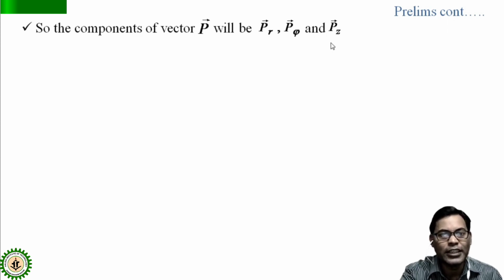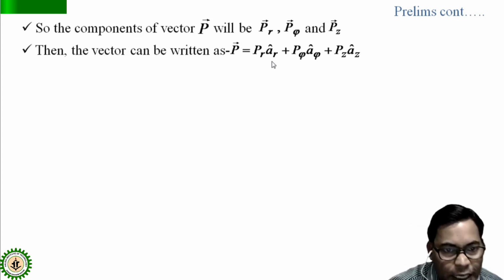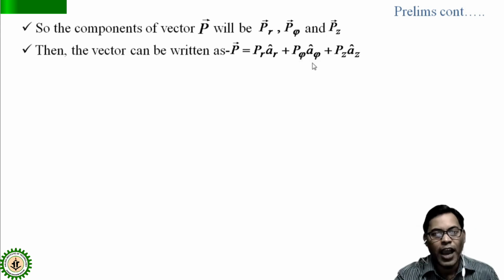If these are the three components of vector P, then it will be easier to define the position vector P, that will be equal to P_r a_r plus P_phi a_phi plus P_z a_z. You see that P_r, P_phi and P_z are the components of vector P along the direction of r, phi and z, and a_r, a_phi, a_z are the unit vectors, which will be in the direction of r, phi and z.